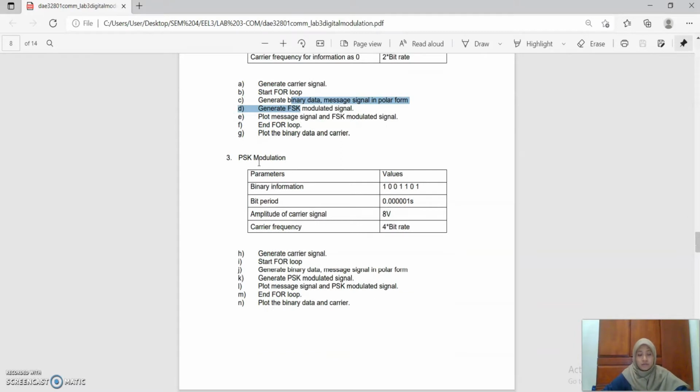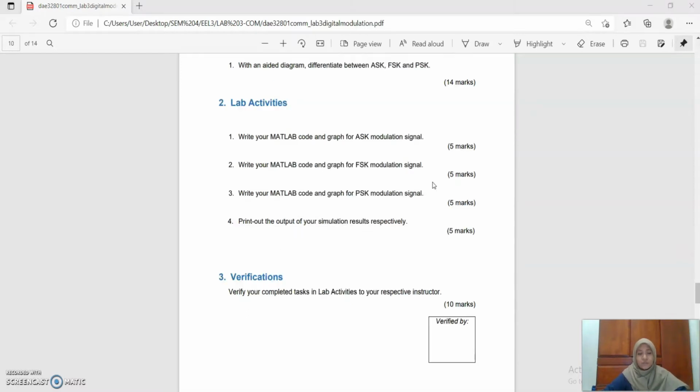Next, for lab activity 3, which is PSK modulation, the parameters and values are already given. We need to generate the carrier signal, binary data, and PSK modulated signal. First, for lab activity 1, write the MATLAB code and graph for ASK modulation.